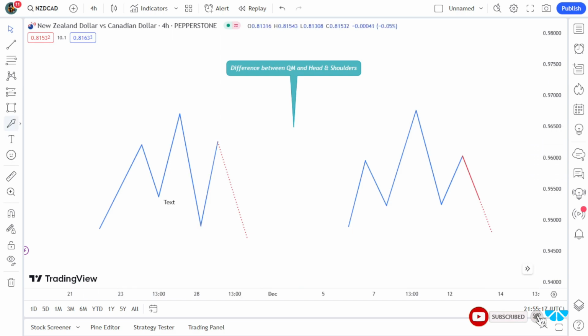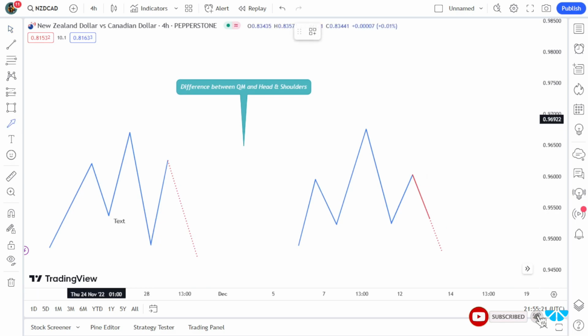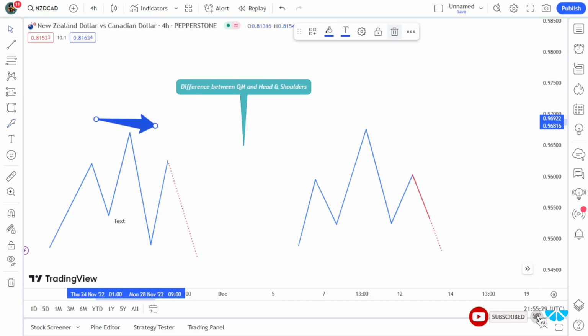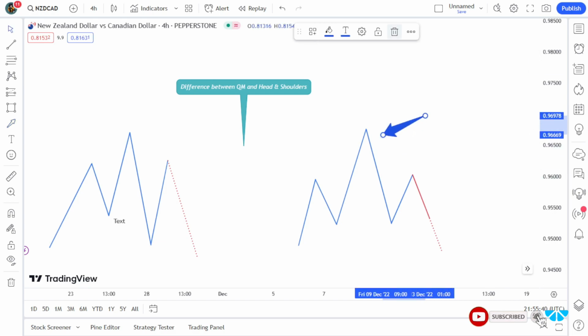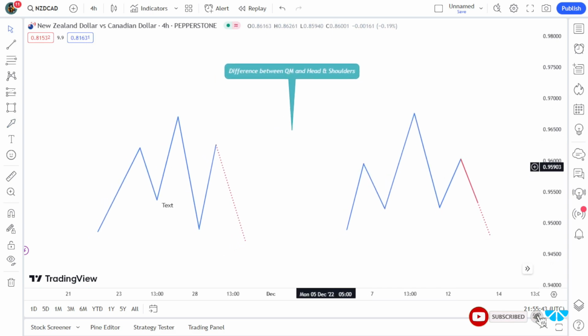As you can see, the Quasimodo pattern is more crooked in nature. It's slopey. On the other hand, you can see that the head and shoulders is more symmetrical in nature. That is one basic difference between trading Quasimodo patterns and head and shoulders.